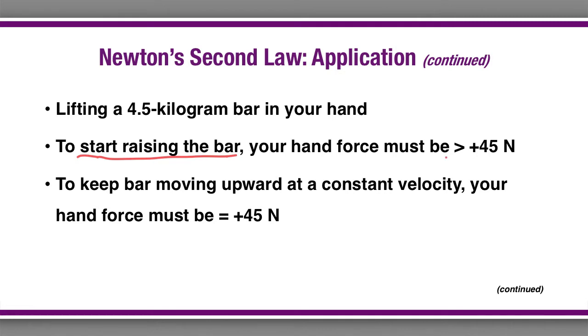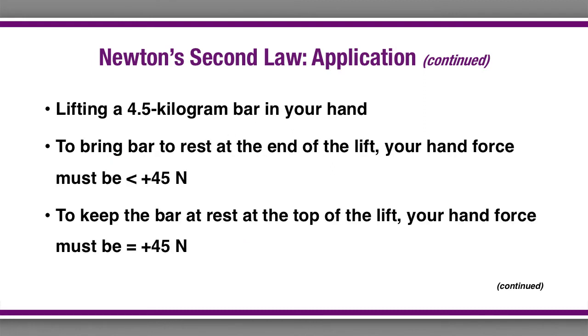It has to be greater than 45 newtons because we have to overcome that weight, meaning the force and acceleration due to gravity. So to keep the bar moving upward at a constant velocity, your hand force must be equal to 45 newtons.